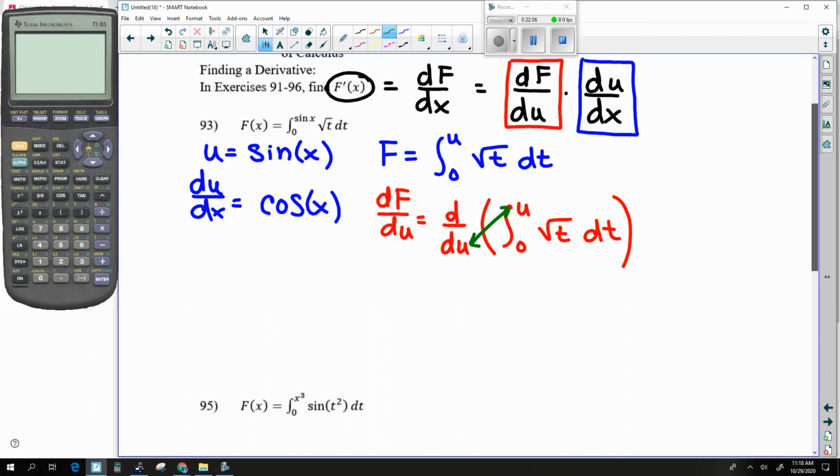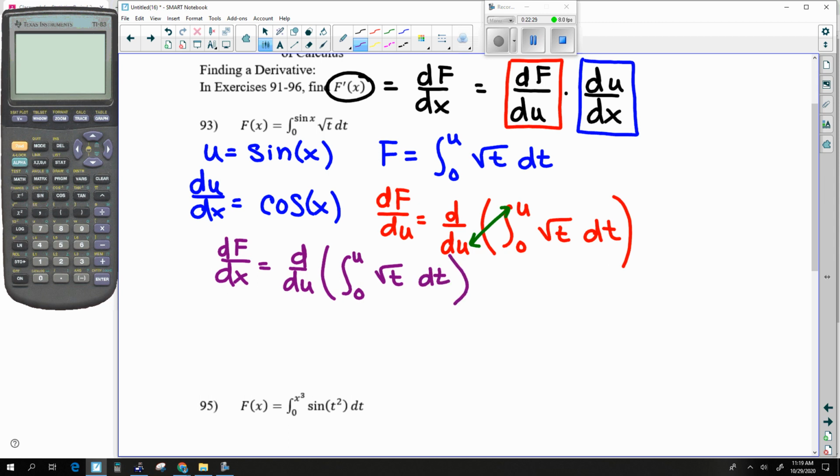All right, so putting this all together. This is asking, what is df dx? What is the derivative of f with respect to x? So we begin with df du, which is again d du of the integral from 0 to u of square root t dt, times du dx, which is cosine x.